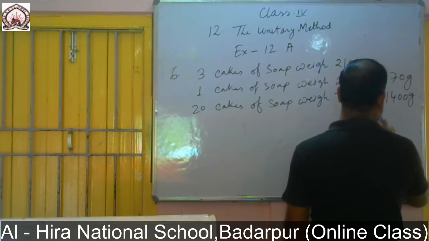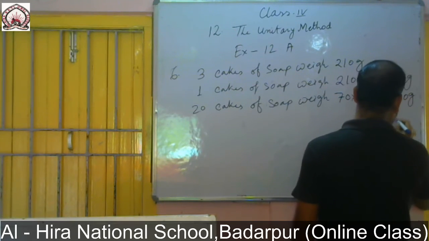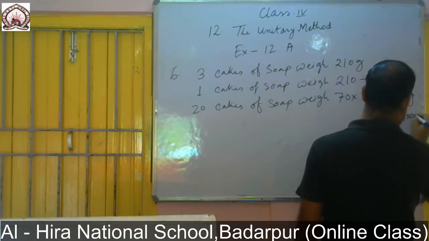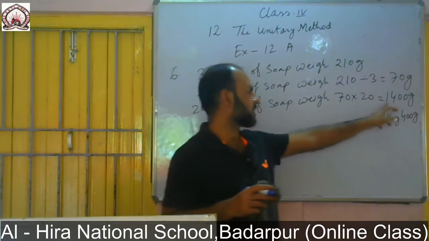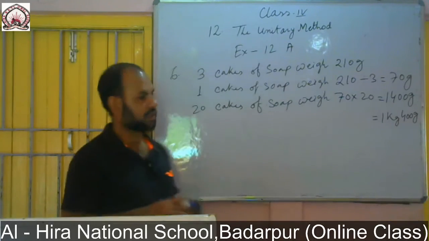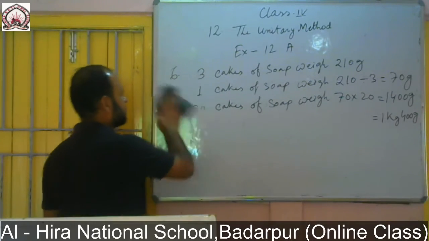So 1400 gram equal to 1 kg 400 gram. Next question number 7.